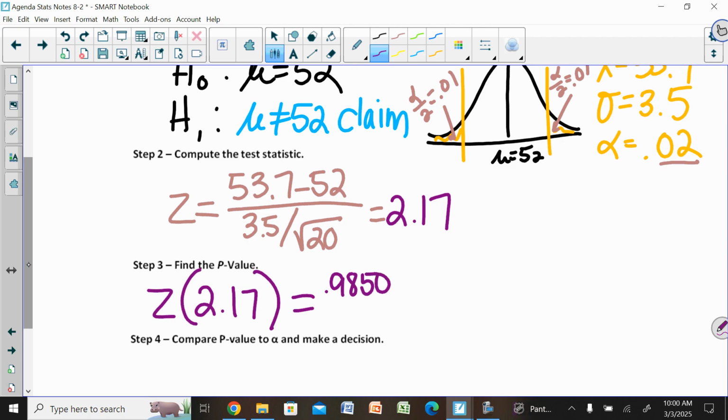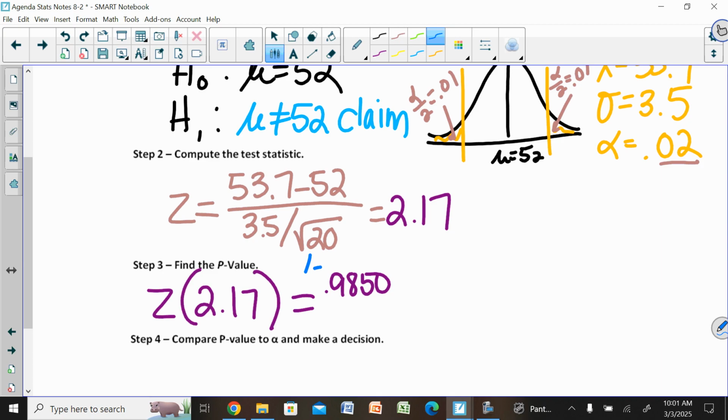0.9850. So even though this is a two-tailed, I've got an area greater than 50%, greater than 0.5000, because it happened to be on the right side of the mean. So I have to subtract that again. I'm always looking for small numbers. Imagine trying to compare an alpha over 2 of 0.01 with a 0.9850.